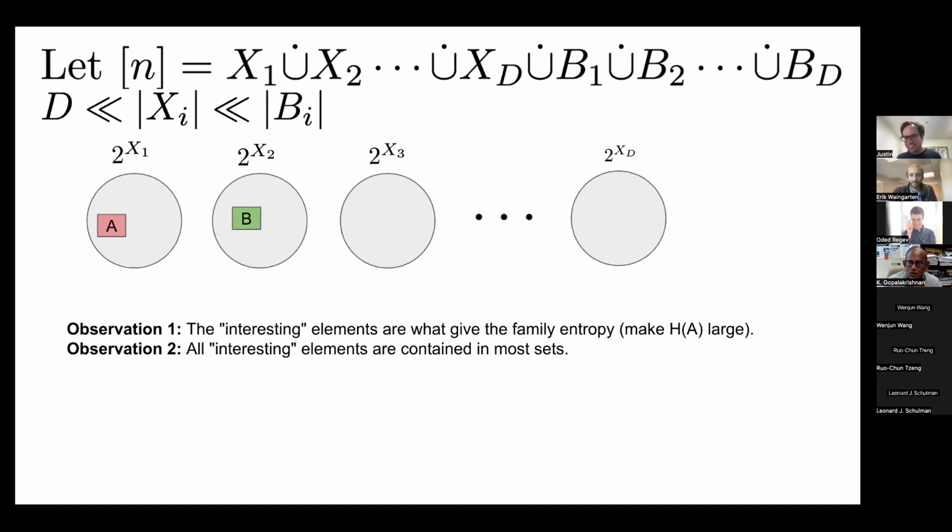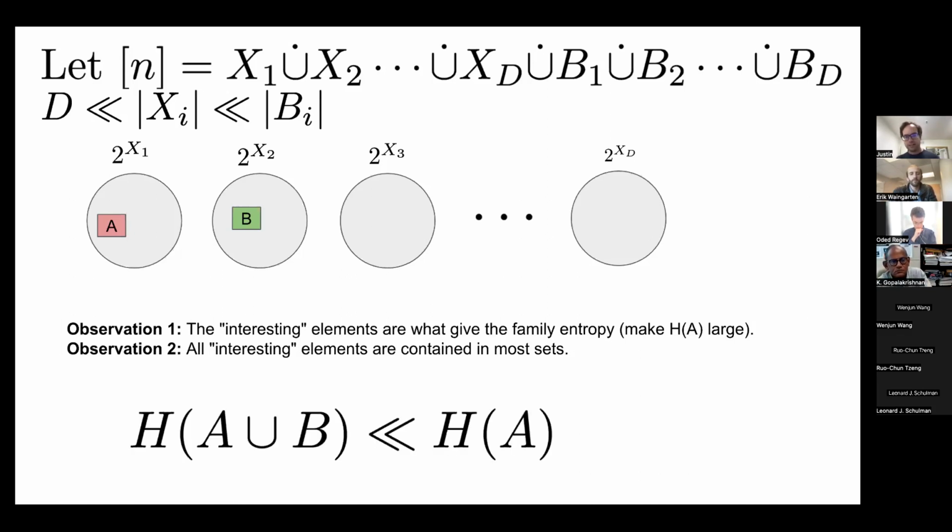but yeah, so the intuition is you're sampling an A uniformly at random from our family, and the reason why that random variable has entropy is because of the elements in the Xi. The B's don't really contribute to the entropy at all.